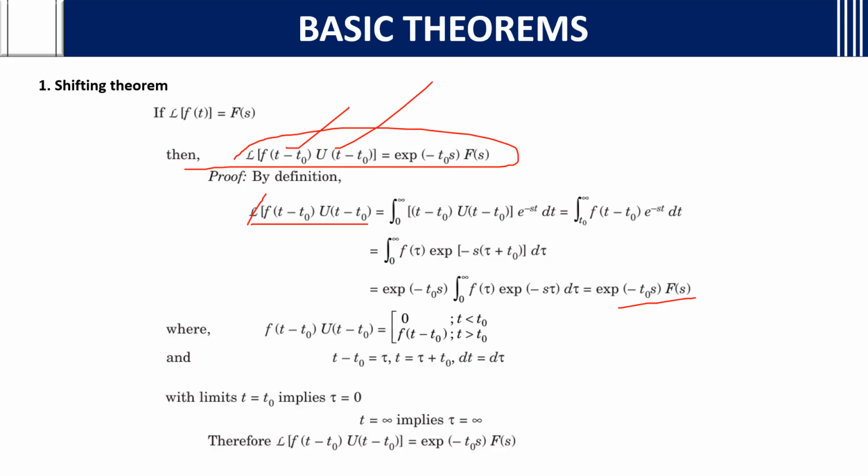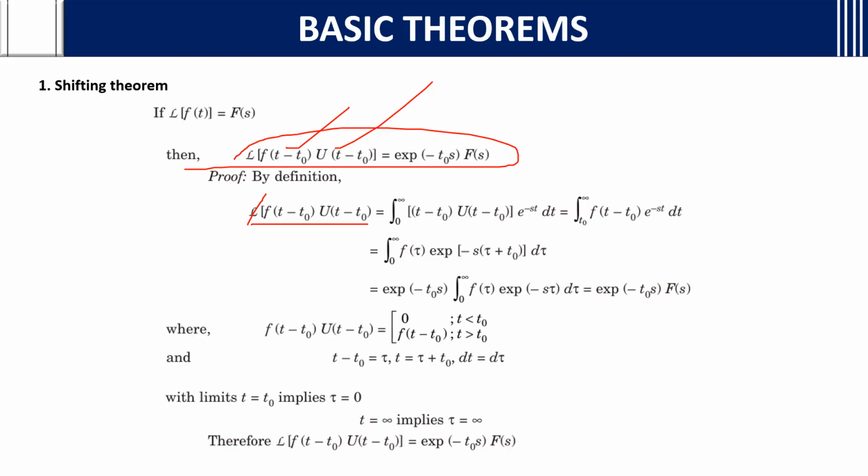So f of tau into exponential minus s tau d tau, multiplied by exponential minus t naught s. This is nothing but F of s. This is the Laplace transform, that is, the integral from 0 to infinity of f of tau exponential minus s tau, which we write as capital F of s.